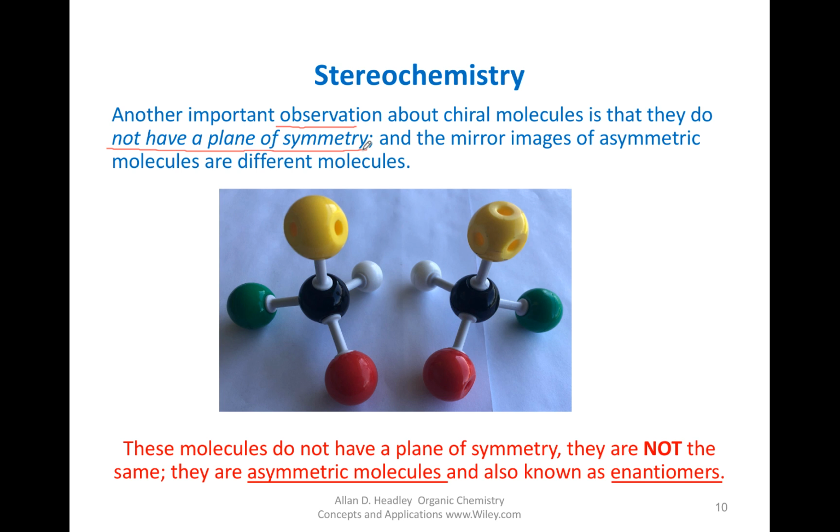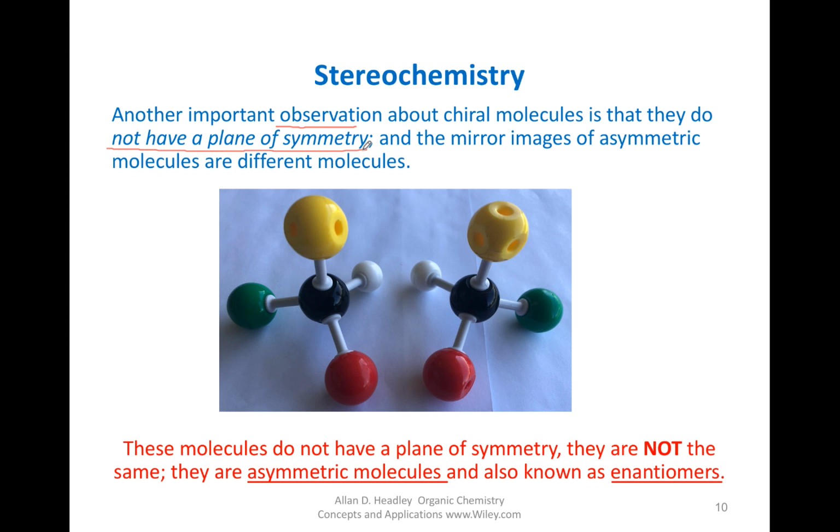So all these observations now are here to guide us and help us in determining if two stereoisomers are enantiomers or not. Of course, the first is that they are non-superimposable. The second is that they are mirror images of each other.